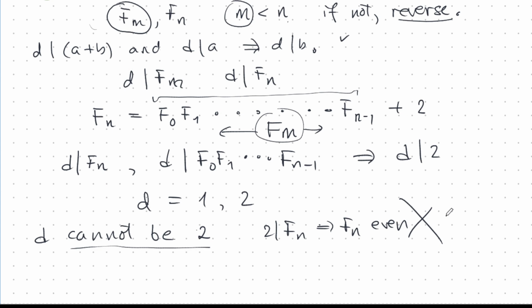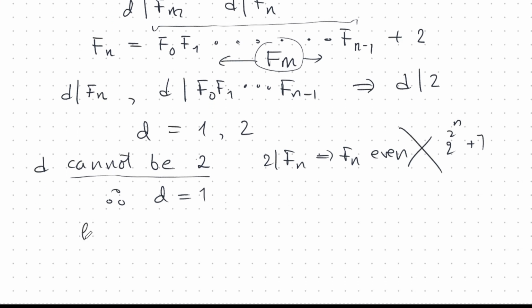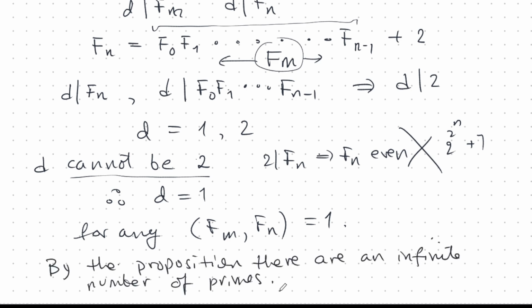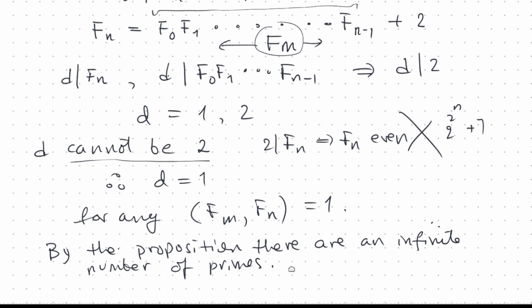They're all of the form of an even number plus 1, which is, of course, odd. And so therefore, D is 1. And so therefore, for any 2 Fermat numbers, they are coprime. And so by proposition in the first part, there are an infinite number of primes.